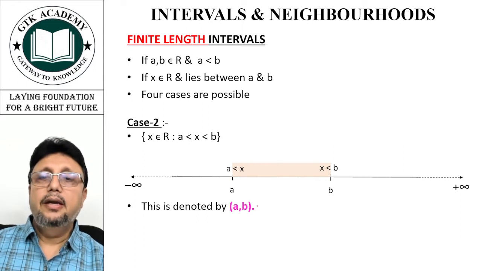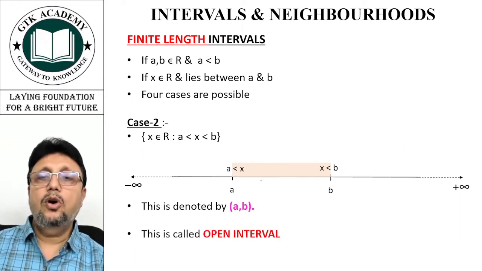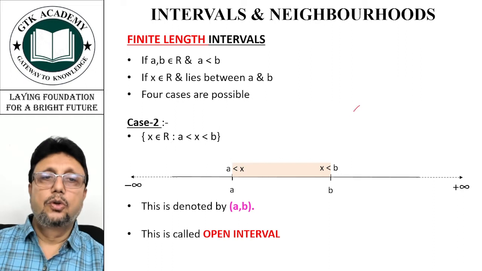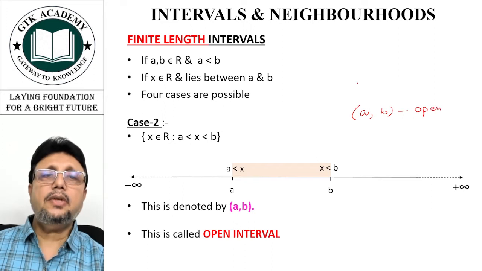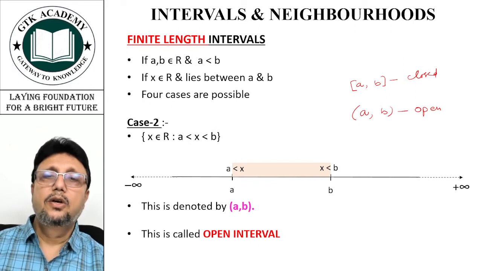This is denoted by (a, b), and this is called an open interval. So this interval is open. And earlier, if a and b are included, then we discussed this is a closed interval, right?